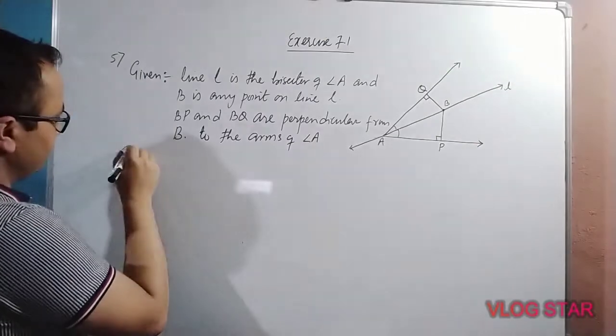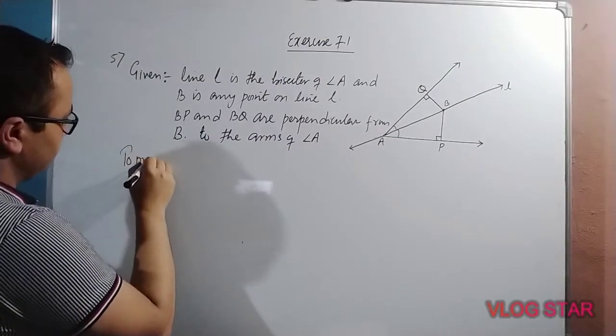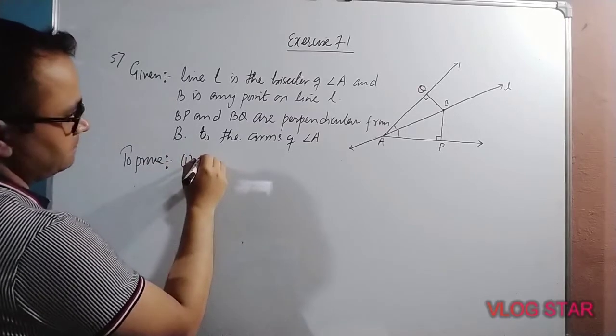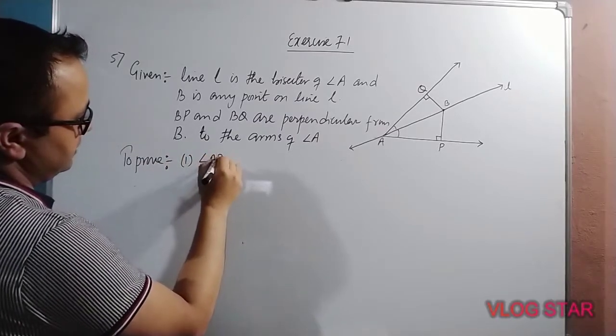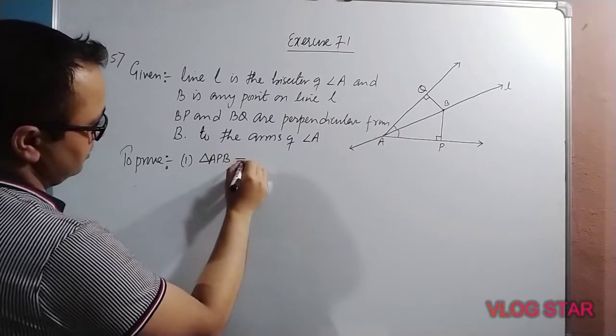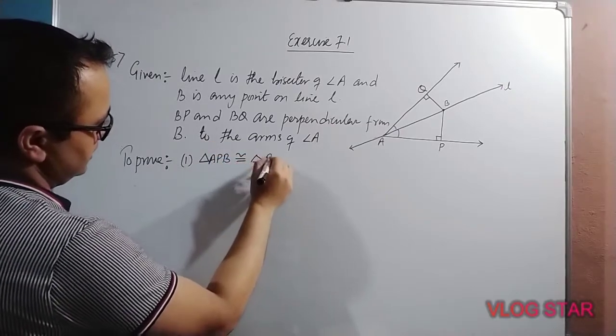Now we need to prove, number 1, triangle APB is congruent to triangle AQB.